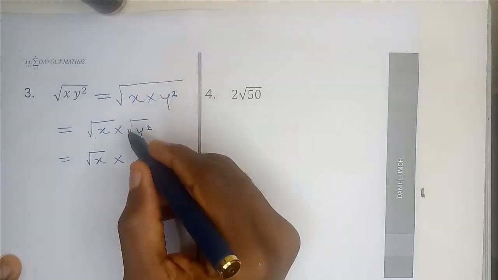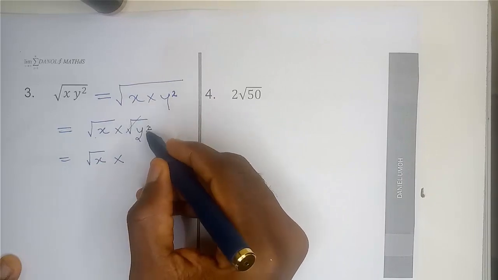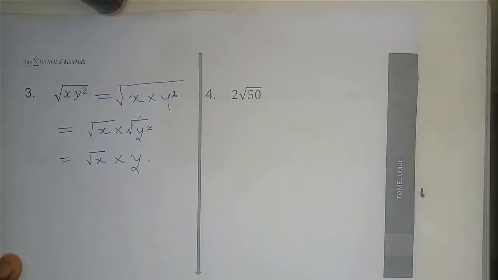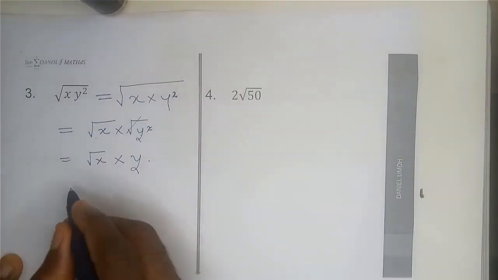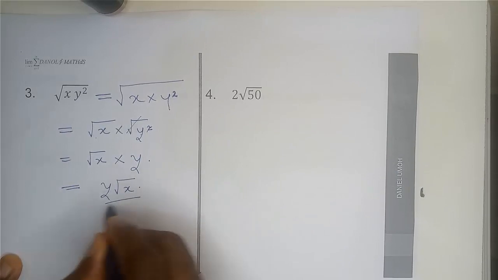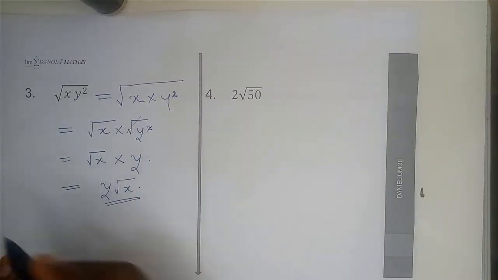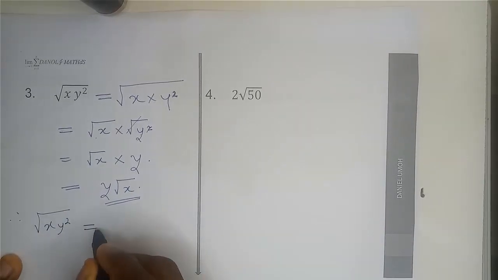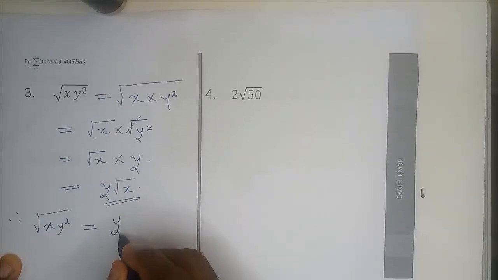Remember, the square root is the inverse of the square, so these can cancel out, so you have the square root of y square as what? y. And this will now give me y root x. Therefore, the square root of x y square, when simplified, is y root x, and that's the answer.